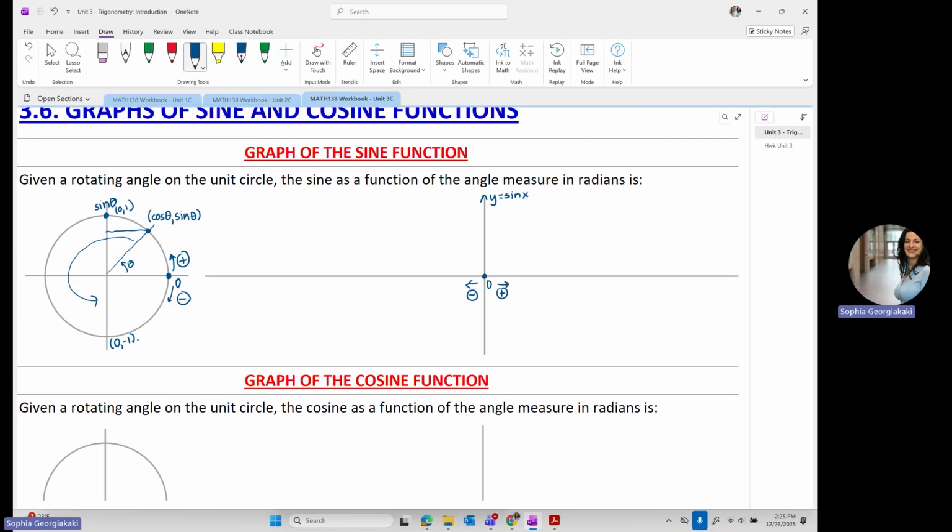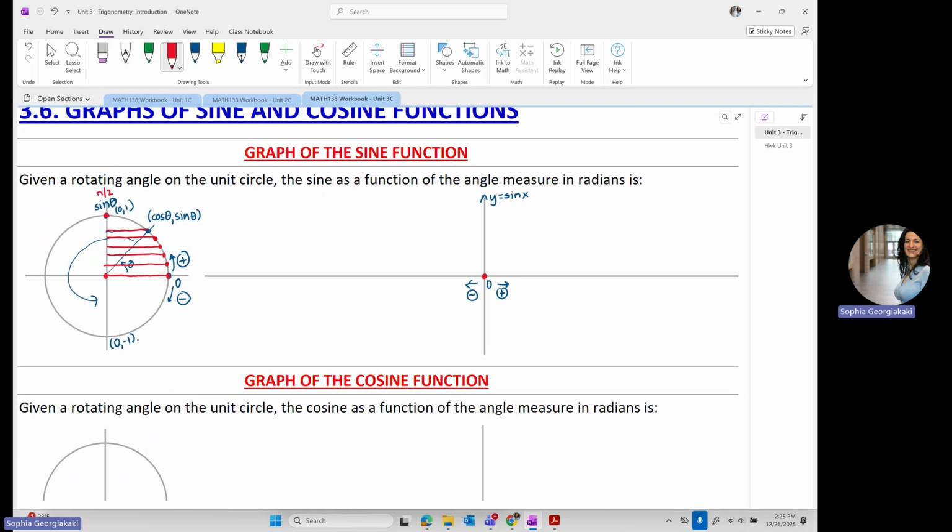So when I am at 0 rotation here, the sine coordinate is equal to 0. And that means that 0 rotation and 0 sine, this point (0, 0), is a point on my graph. And then as I increase my rotation in the positive direction and I travel on the circle, the sine starts from 0 and increases as a positive quantity until I hit the rotation of pi over 2.